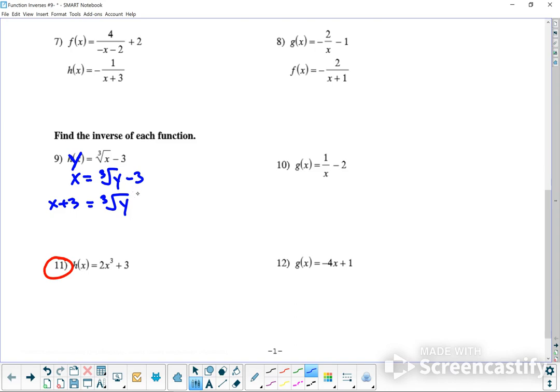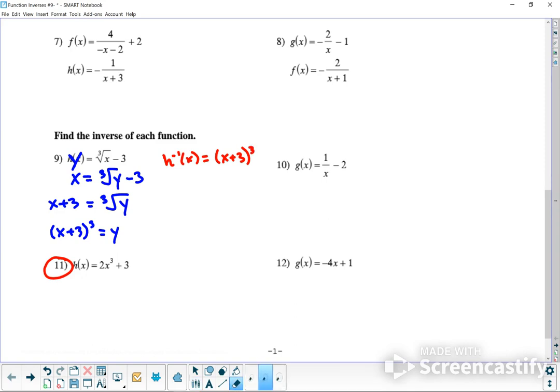So take to the third power and then to the third power. So it'll be x plus 3 to the third power, that's going to equal y. So that means that our inverse is going to be h inverse of x equals x plus 3 to the third power.